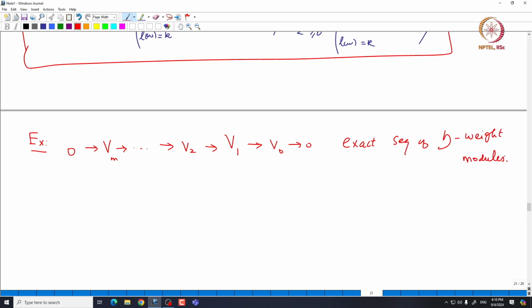That means each Vi is an H weight module, so Vi can be written as a direct sum of H weight spaces with finite dimensional weight spaces. Then the character of Vi makes sense. Now if you have such an exact sequence, then you can easily prove that it gives you an exact sequence at the level of the mu weight space for each mu.